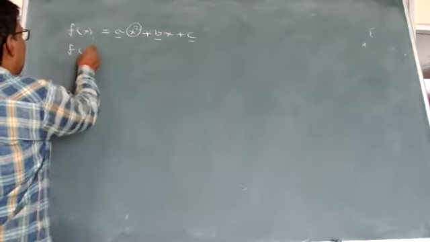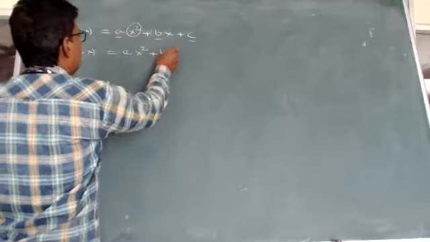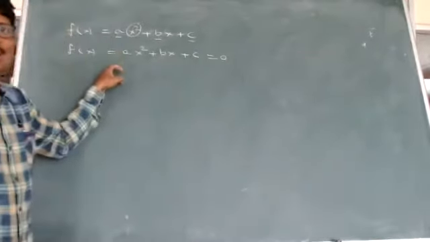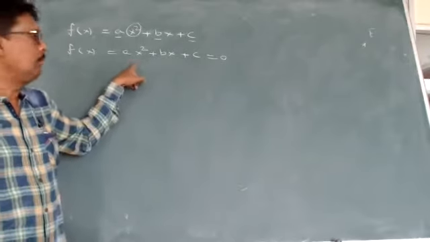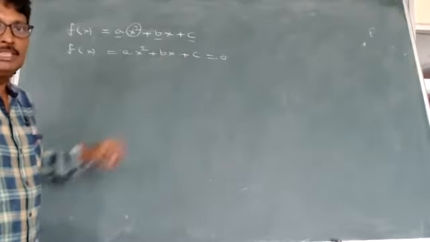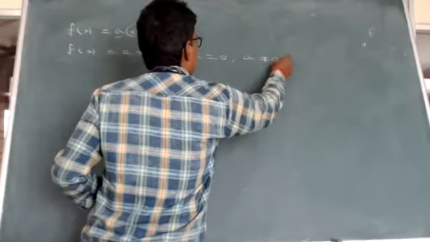And ax square plus bx plus c equal to 0 is called a quadratic equation, where a, b, c are real or complex numbers and a not equal to 0.